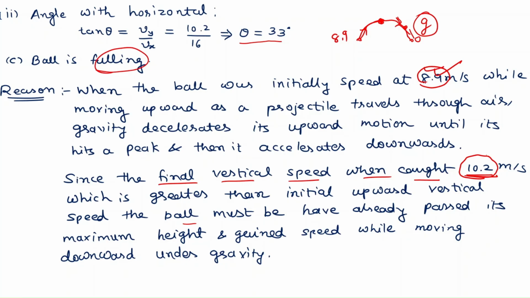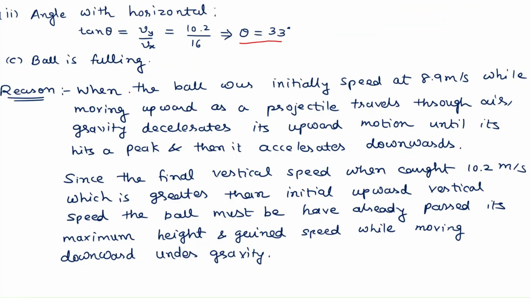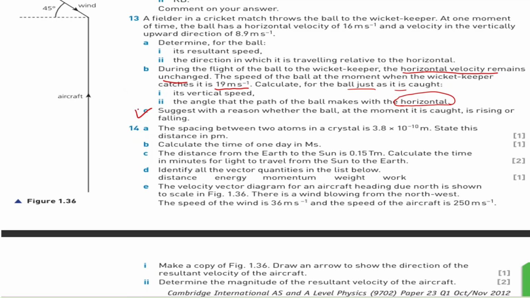Because its initial speed, 8.9 meters per second, comes down to zero when it goes to the peak position. At the peak position, its speed is zero, and whenever it goes down, because of gravity, it accelerates the ball, and it is caught at this speed. So that means the ball is falling. I hope you understand the concept well. Now, this is all about question number 13.